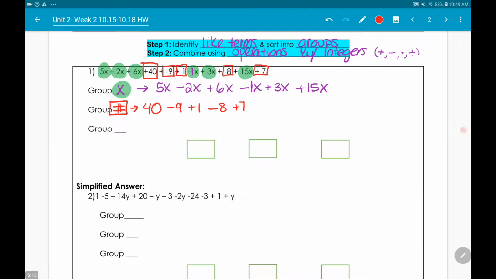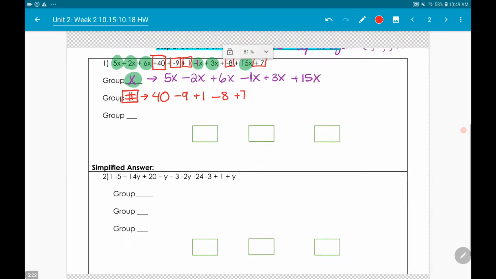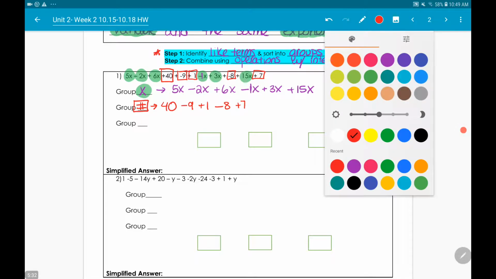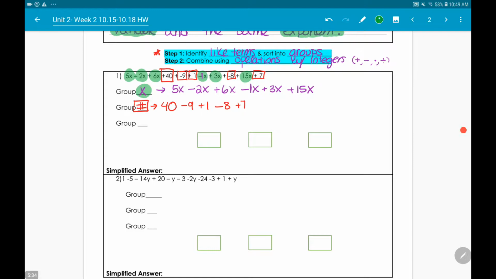I'm not going to do step 2 just yet. But what I want you to do for number 2 is you're going to do step 1. I want you to identify like term groups. So you should have identified, and I see first we have a number.